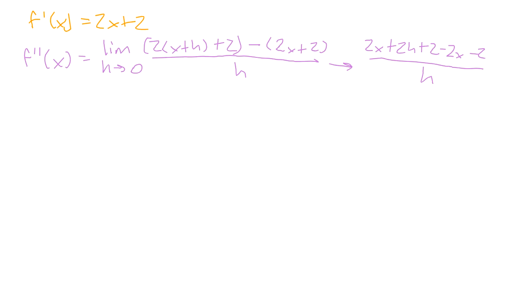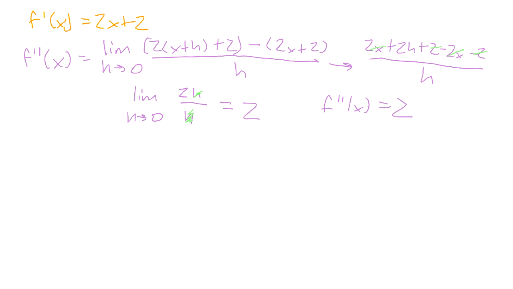Let's cancel out our common terms, the 2x and the 2. So we are left with the limit as h approaches 0 of 2h over h. Those cancel, so our final answer is just 2. Therefore, our second derivative is just 2.